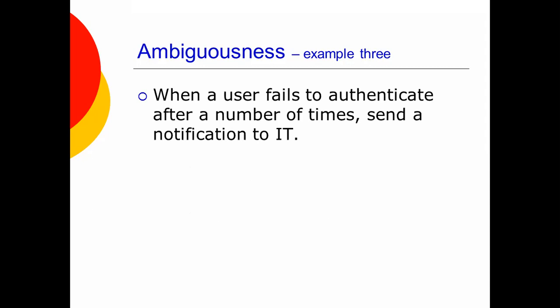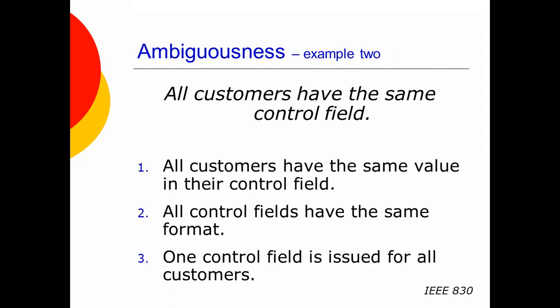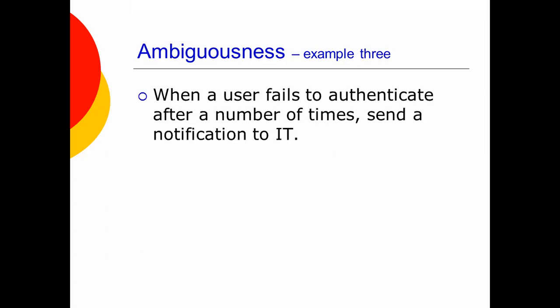So when a user fails to authenticate after a number of times, send a notification to IT. Now you can see, sometimes a user fails to authenticate, because a number of users are using the same format or choosing the record from the same field, and all control fields have the same format, all customers have the same value in their control field, or one control field is issued for all customers, then there must be ambiguity.